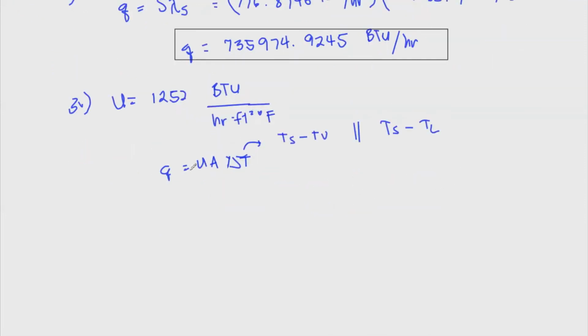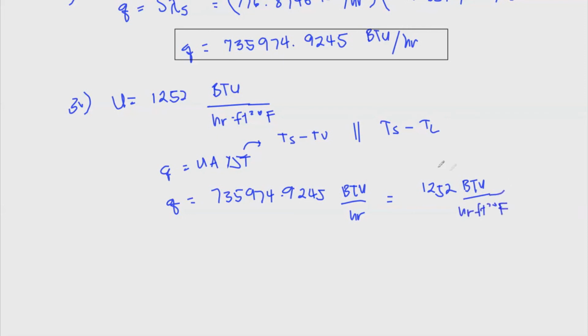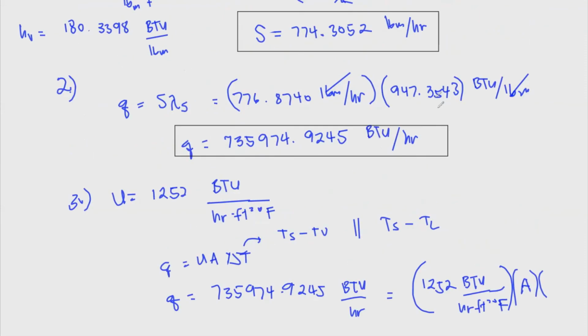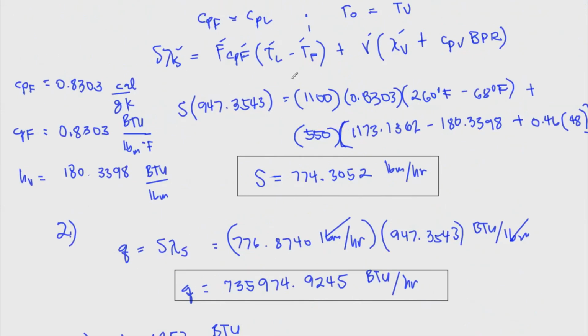So in this case, we have Q, which is equal to 735,974.9245 British thermal unit per R. That will be equal to our U, that's 1252 British thermal unit per R, and then feet squared degrees Fahrenheit. That is multiplied with the area, and that's what we need. And then delta T is simply the difference in the steam and this solution temperature.